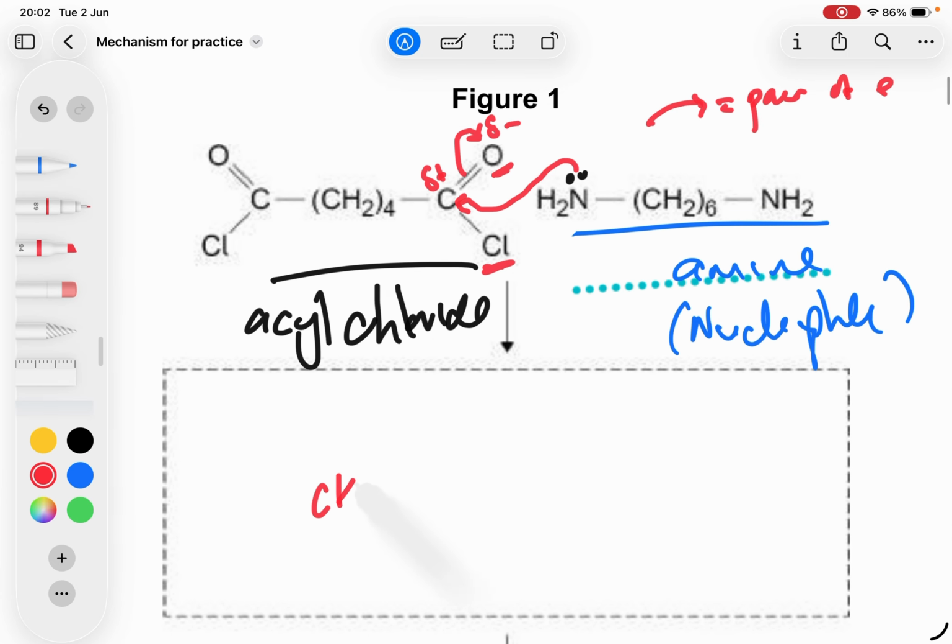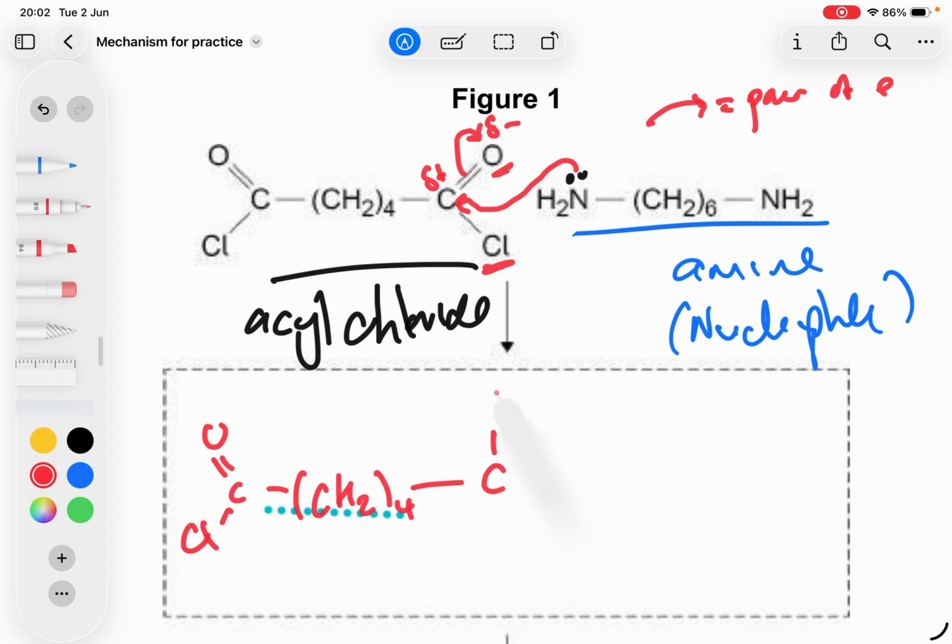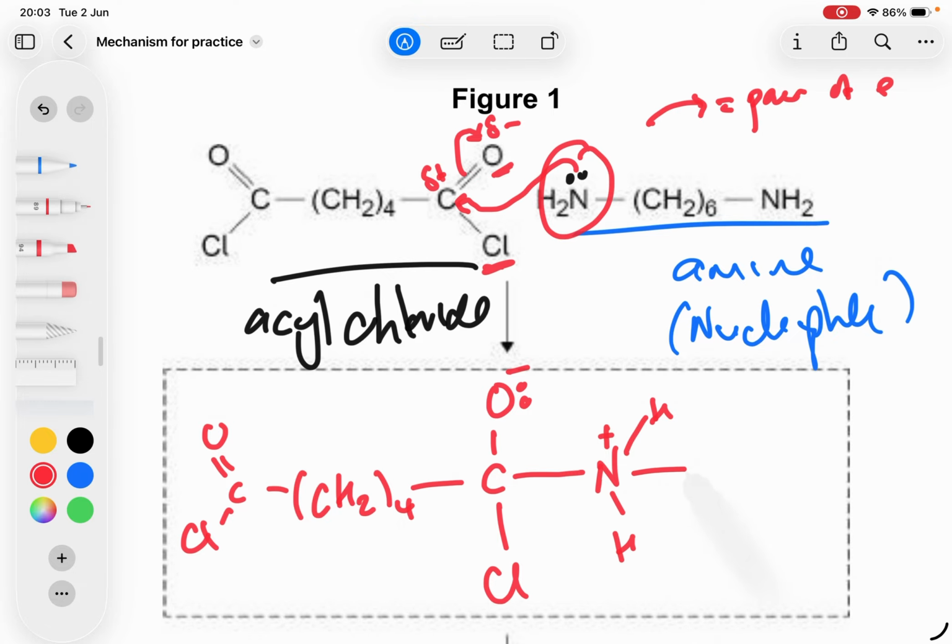What do we get? Well, we just concentrate on the functional group, and because the oxygen drew a pair of electrons towards itself, it became negative. And then the nitrogen, because it has the lone pair, attacks the carbon. So it's the nitrogen that directly attaches to the carbon, and the nitrogen has two hydrogens, and then the rest of the molecule is irrelevant.